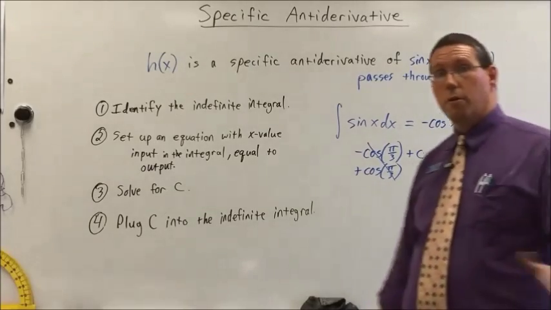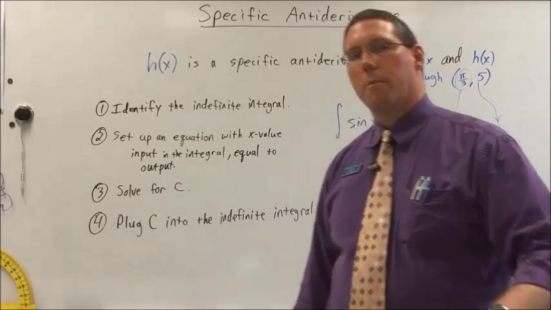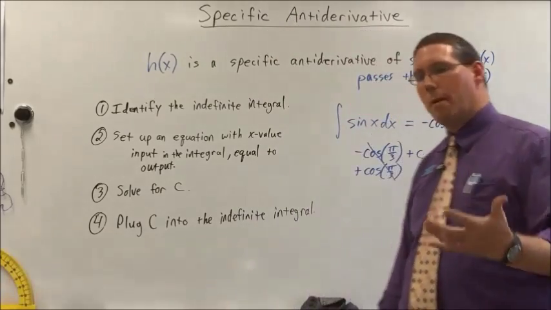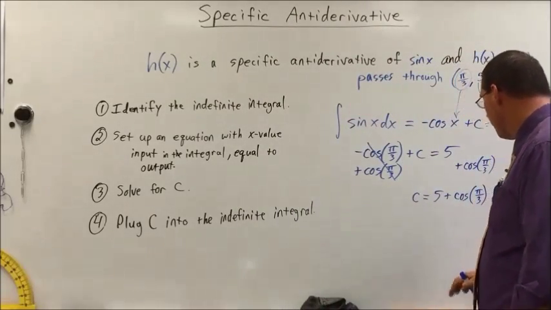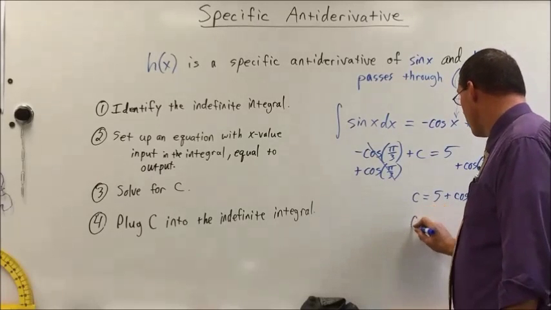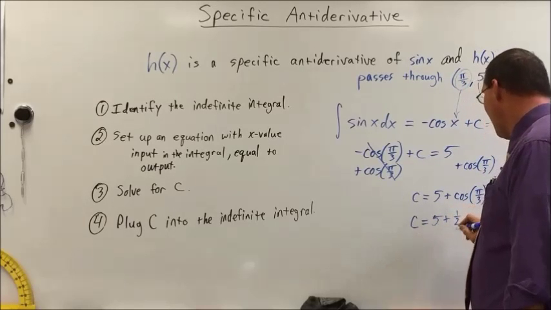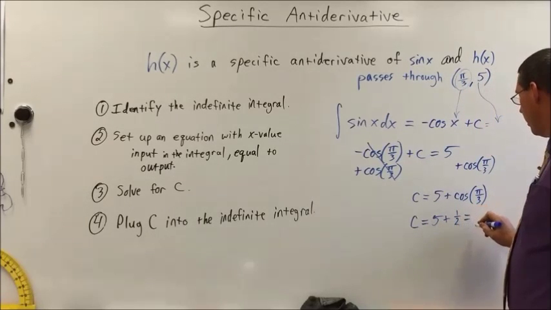If you think of your unit circle, in fact, pause right now if you're not sure what it is. Look up your unit circle, try and remember, or draw yourself a unit circle. But cosine of pi over 3 is 1/2. So c is equal to 5 plus 1/2, which we could just call 5.5.